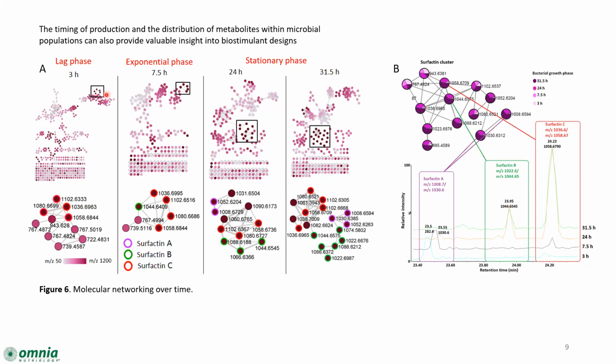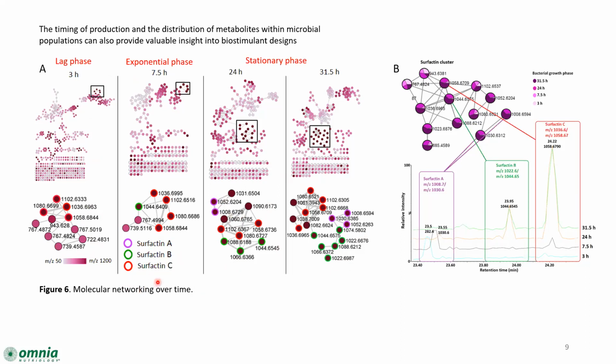Once again, we then zoomed into the lipopeptides, specifically in this case, surfactins, to measure their presence at different time points. And we found that the surfactin, which has a shorter lipid chain, was only present at the stationary phase and is shown here in purple. And surfactin B showed up in the exponential phase, and it was present in the stationary phase as well.